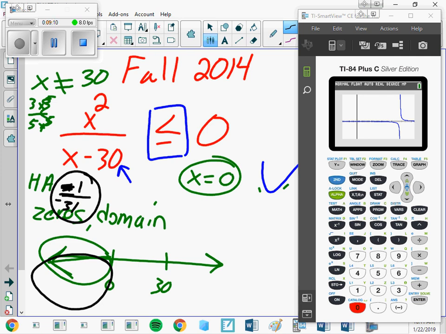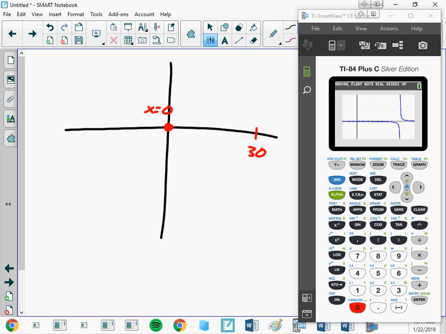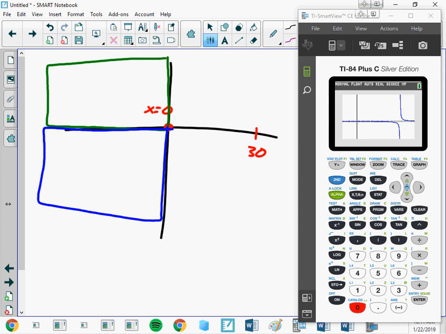Okay, so basically what I'm doing is this. I am going to pretend to graph without actually graphing. So I know 0 is an important number, and I know that 30 is an important number. So the graph could be here, or it could be here. It can't be both.